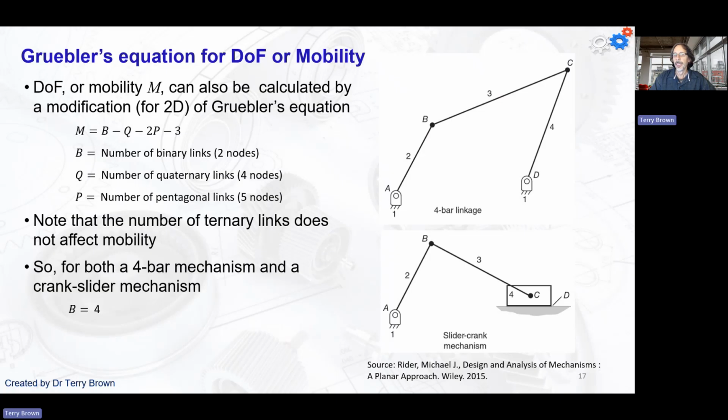But if we do it for a 4-bar mechanism like this, we've got 4 binary links and 0 other links. So if we put that into Grubler's equation, then we get a mobility of 1.